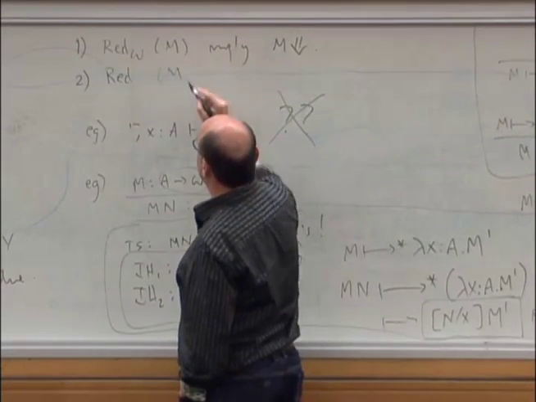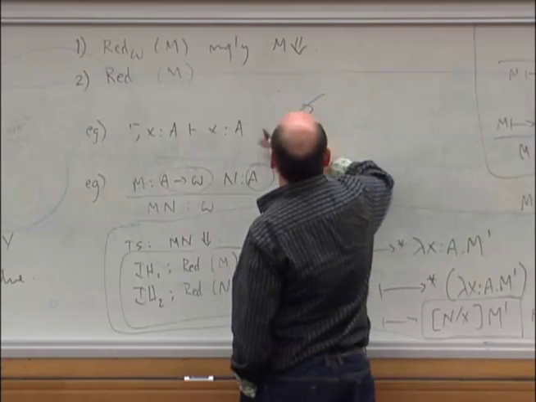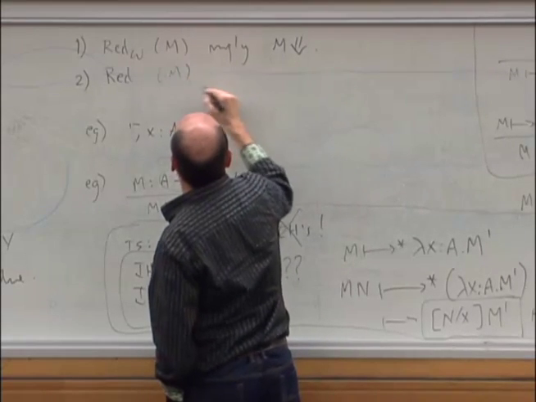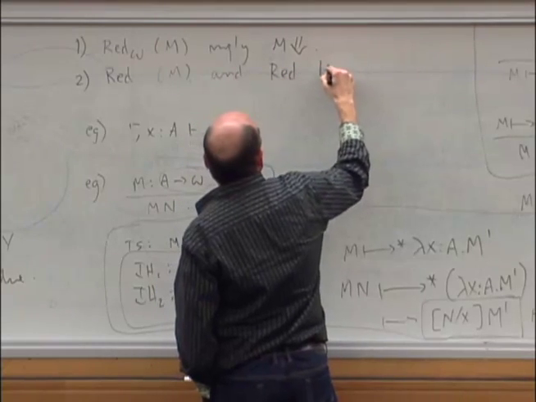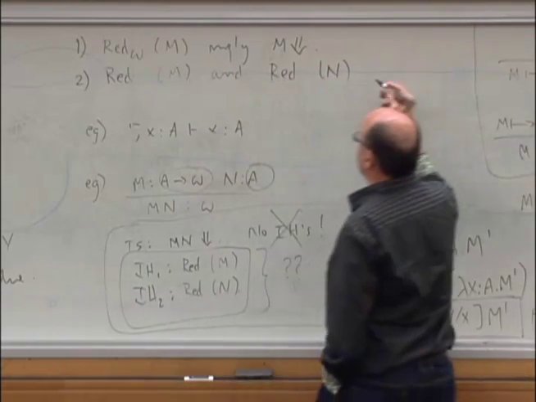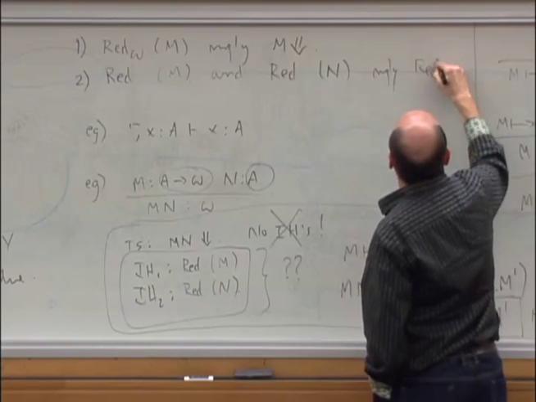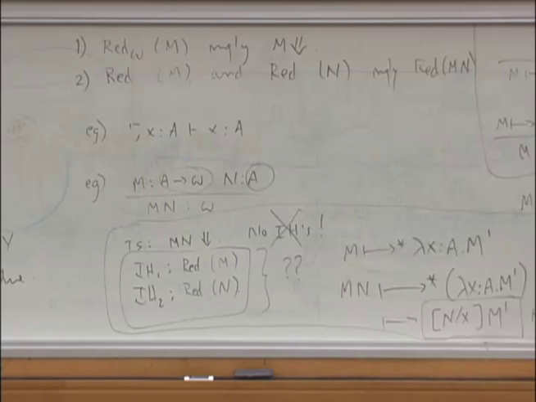Approximately, I want to say: if M is reducible and N is reducible, and I'm leaving a little space there for a reason, then the application M N is reducible. This is what I want.